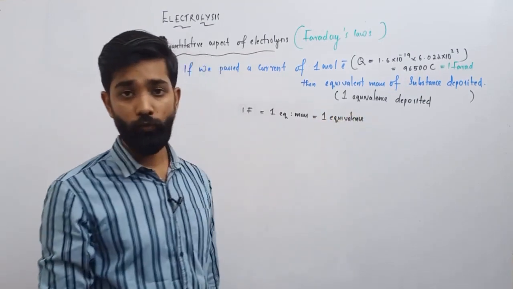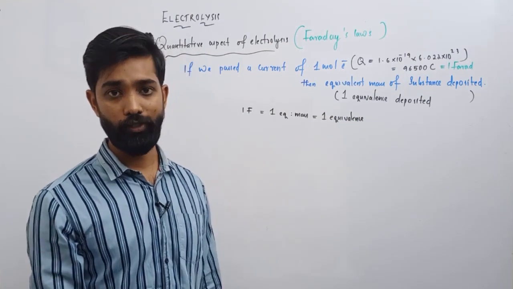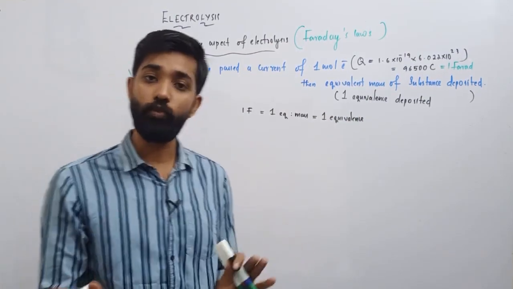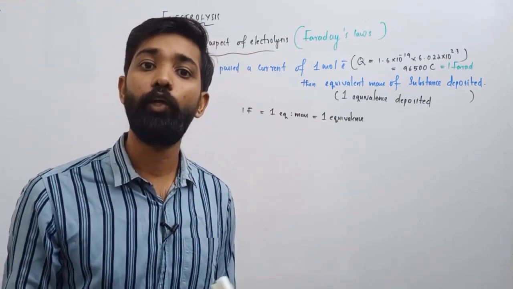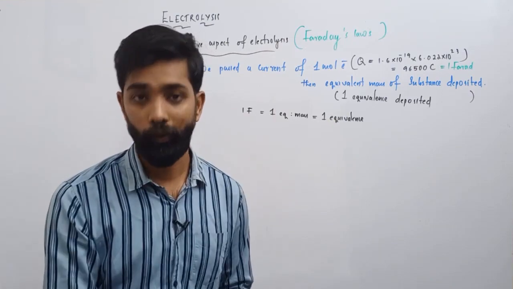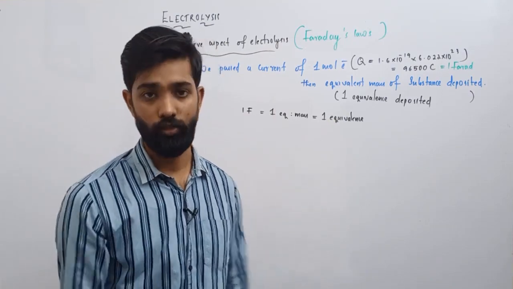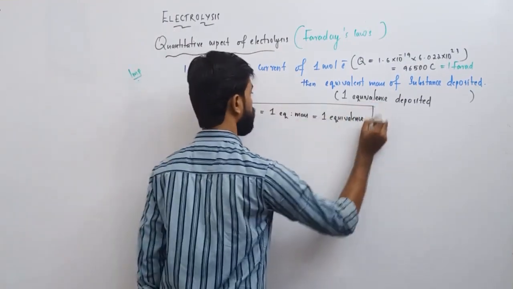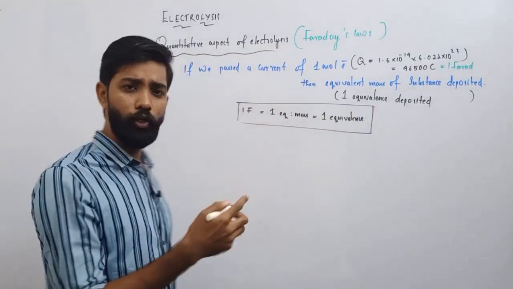So 1 farad means for any electrolyte, it is 1 equivalence. If you pass 1 farad current, then that electrolyte will liberate or deposit its equivalent mass, which means 1 equivalence. That is a main important point. If you pass 1 farad, then you obtain 1 equivalence.